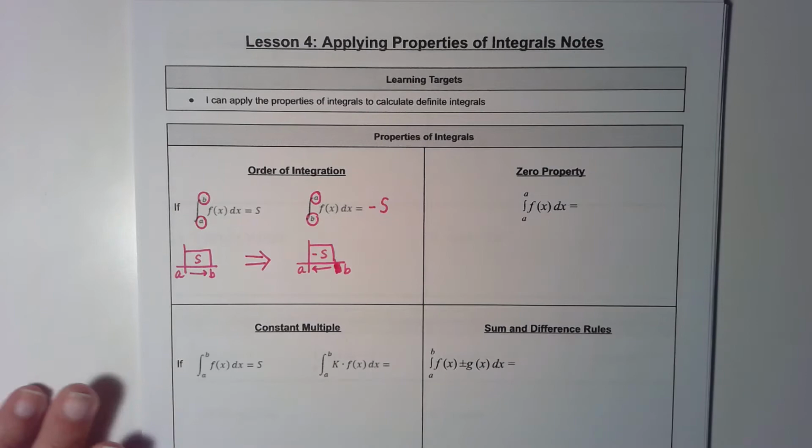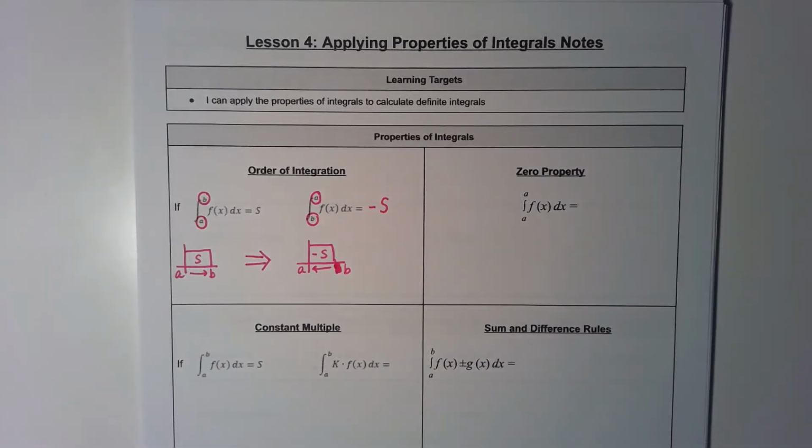You could have an area that's below the x-axis, but you could also have an area where your x values are reversing the order. You're going backwards, and that means you get a negative area from that as well. So that negative is really telling you about a direction. So you're going from right to left, you're going backwards, or it's just the opposite of an area that you already know.